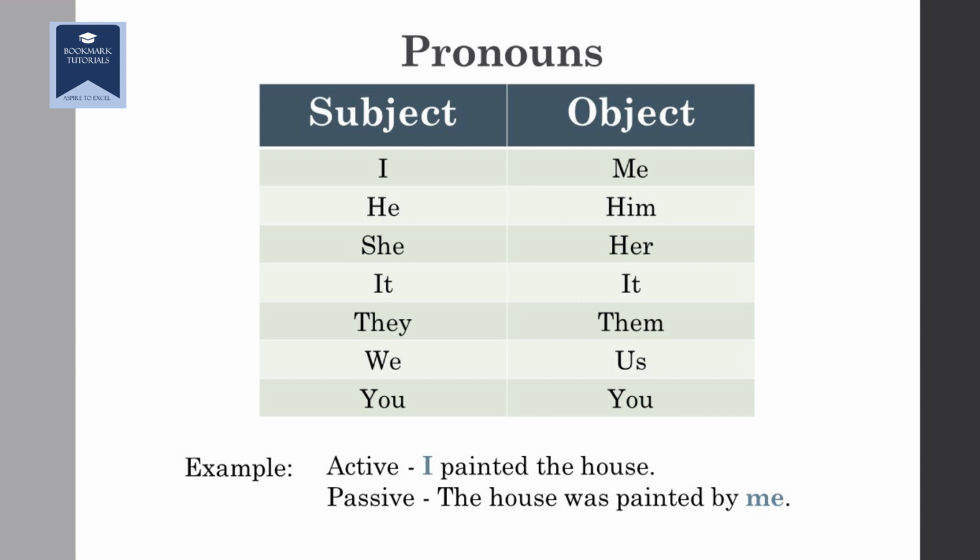The active voice makes use of the subject pronoun I, whereas in the passive voice we say the house was painted by me. The passive voice makes use of the object pronoun me, as the place of the subject has been moved.